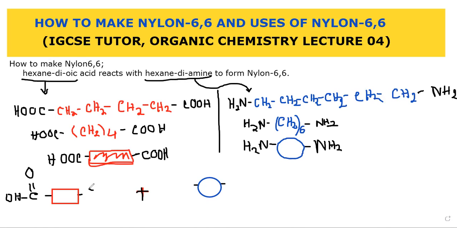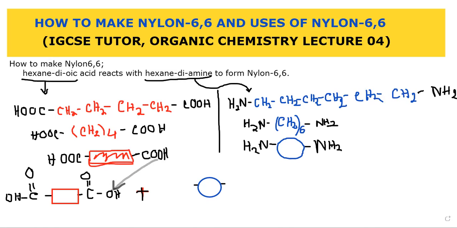We have another COOH here, double bonded O. Okay, so we are done with our hexane dioic. What we have done is just shown the displayed formula of the functional units of hexane dioic. Here is our displayed formula.